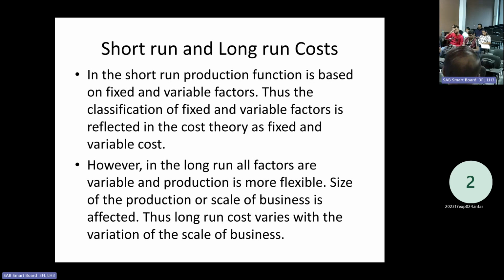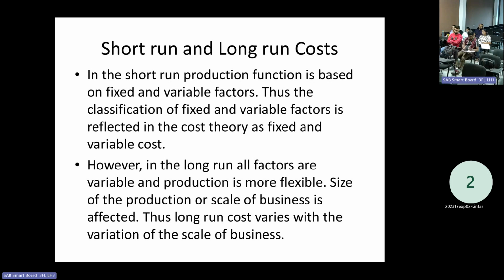Now in the short run production function, there are fixed factors and variable factors. So we identified the cost also based on that: short run cost, fixed cost and variable cost, since there are fixed and variable factors.